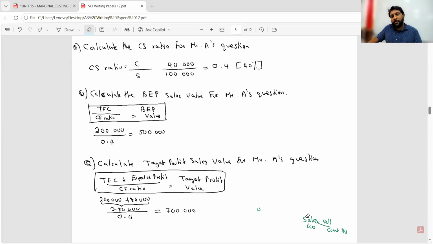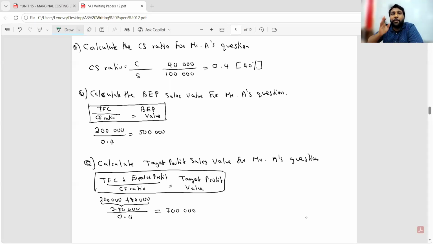Okay. So from this, what's the understanding that you should get, people? The sales value, the break even point value, the target profit value, you can find using the CS ratio.